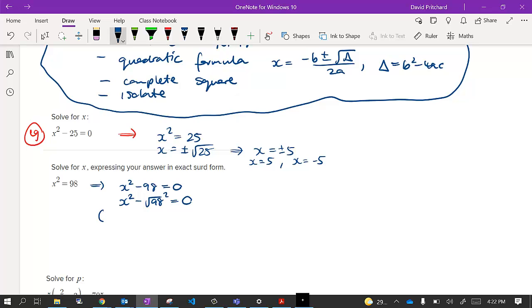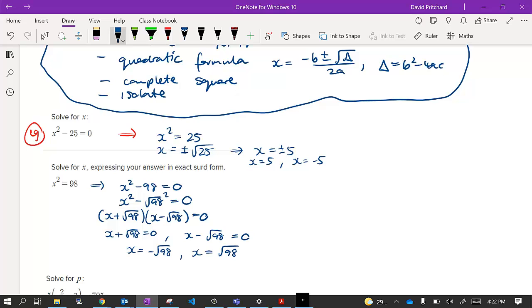So we can say that it's x plus square root of 98, and x take square root of 98 is equal to 0. And we can use null factor theorem to say our two answers are x plus square root of 98 is 0, and x minus square root of 98 is 0. And when we isolate, we get x is negative square root 98, and x is square root of 98.